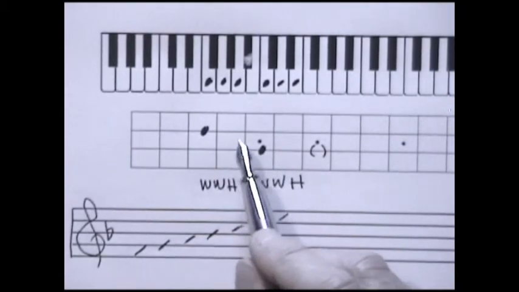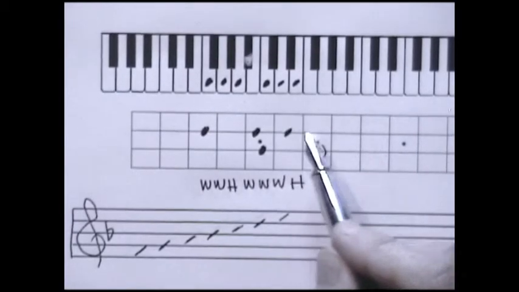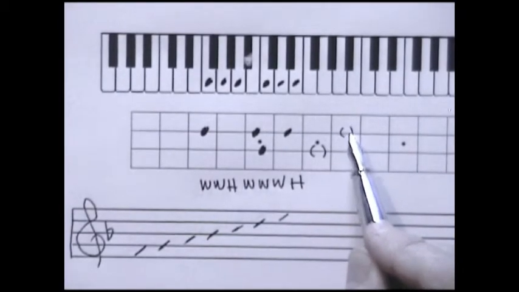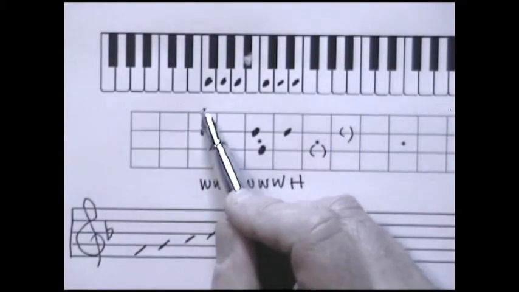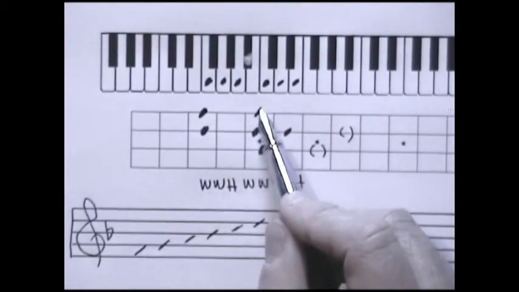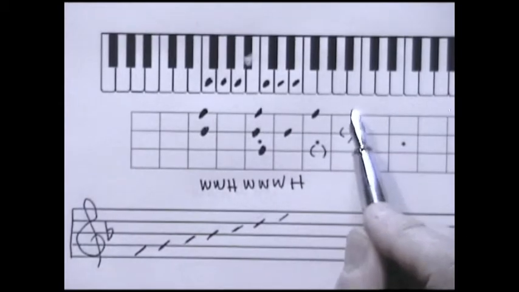So whole step, half step, whole step. Again, rather than playing the note here, which is a C, play it on the next string higher. Then whole step, and a half step to get back to the F.